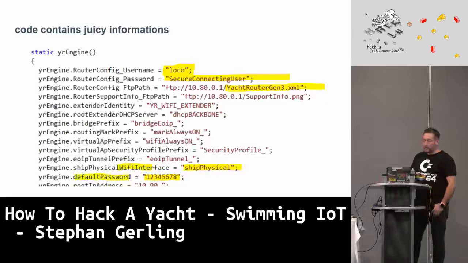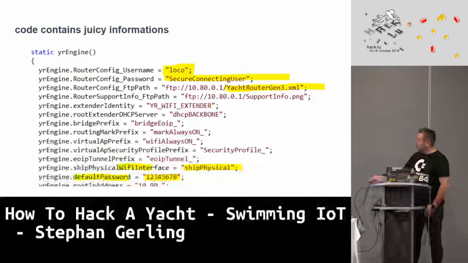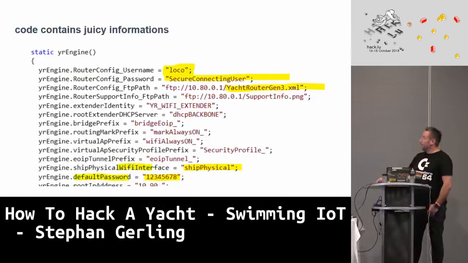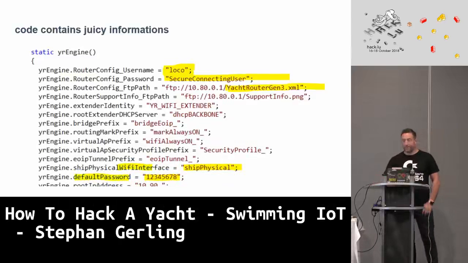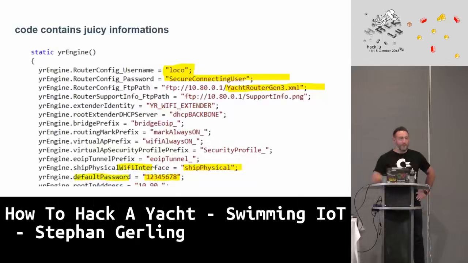So here we have again the username loco, the other things, also the hard-coded, fixed IP addresses on the network, and the last part below, the Wi-Fi settings. So these are the default settings. The Wi-Fi password you can change, but who will do that when it is not mentioned for them?